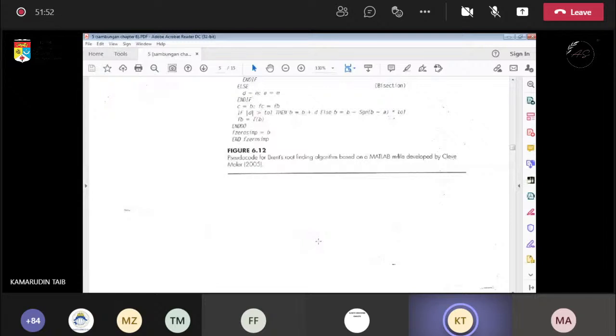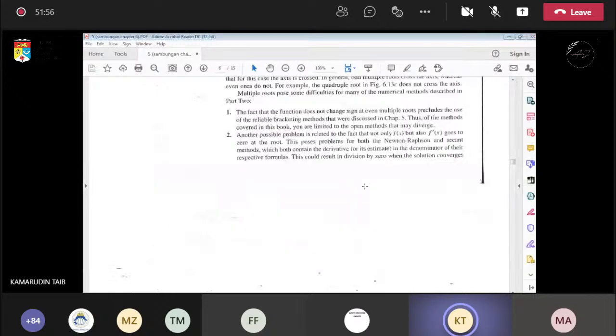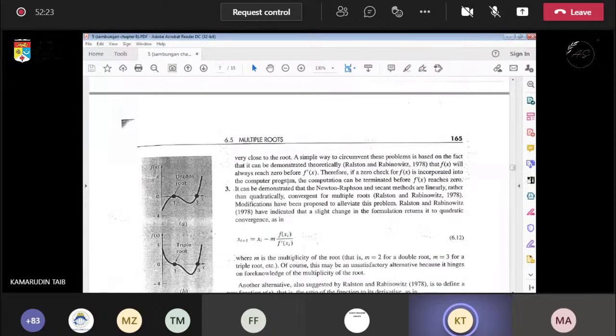Okay, multiple roots. Multiple roots means you have more than one root. Okay, so for multiple roots, we apply the Newton-Raphson as well, but the modified.